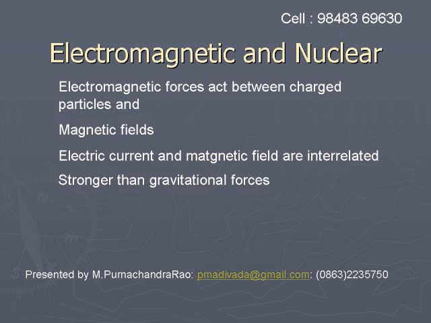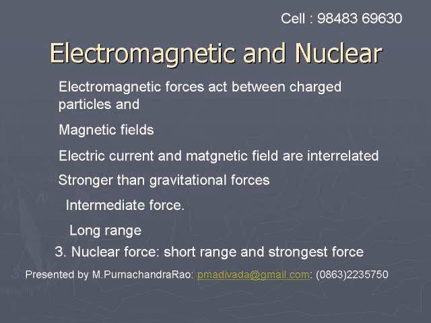These forces are stronger than gravitational forces, with a much greater magnitude, so we call them intermediate forces. They are also long range forces because they act over long distances, compared to nuclear forces.